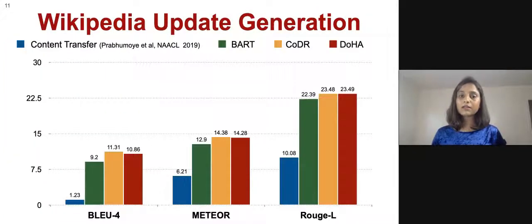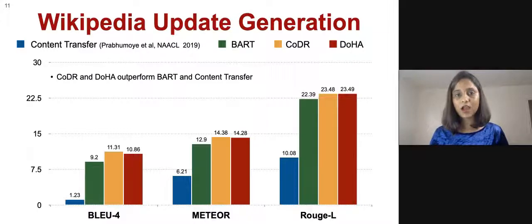Now, here are the results on automated metrics, and we evaluate the success on the three automated metrics of BLEU, METEOR, and ROUGE. For the Wikipedia Update Generation task, we observe that Coder and Doha models, both of them, outperform BART and the previous state of the art on this task.